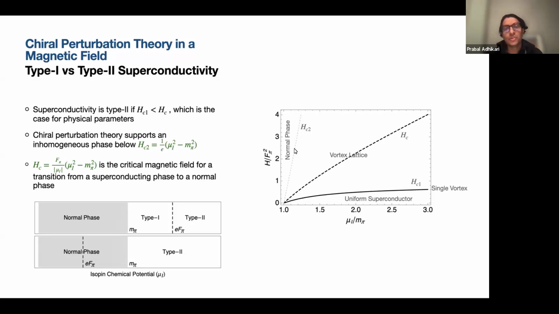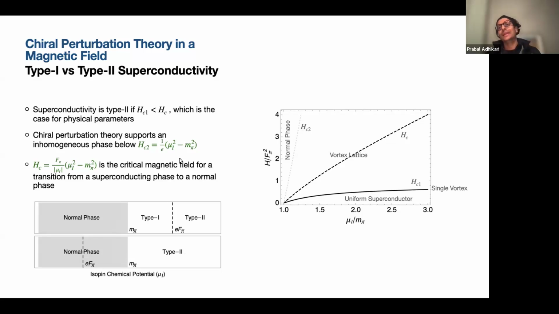And this HC2 is known analytically, and this is because when the vortex is about to be destroyed, one can resort to a perturbative calculation and basically consider the exact dispersion relation and ask when the dispersion relation becomes tachyonic. And this HC2 is this quantity. It's proportional to mu squared minus m pi squared.